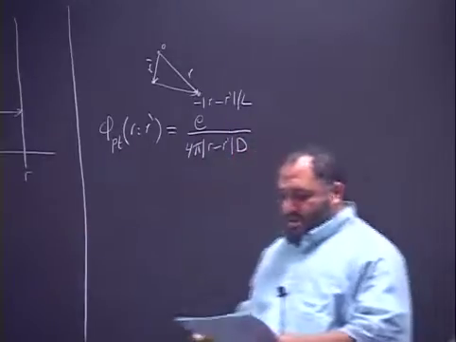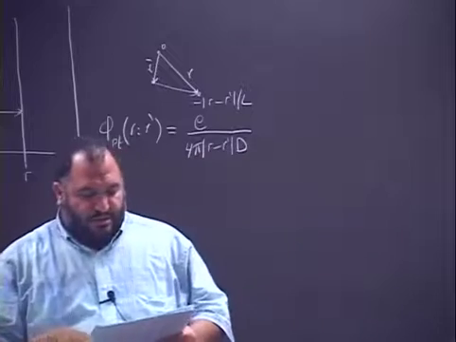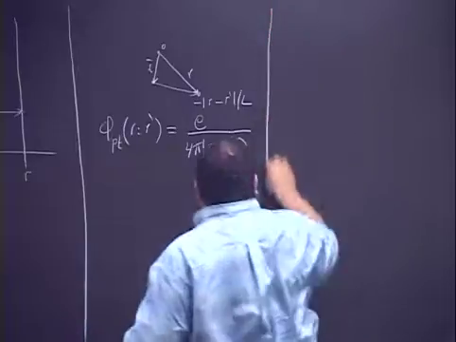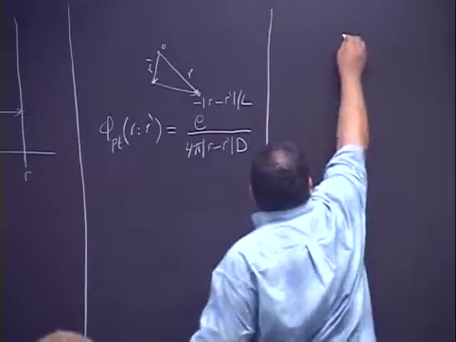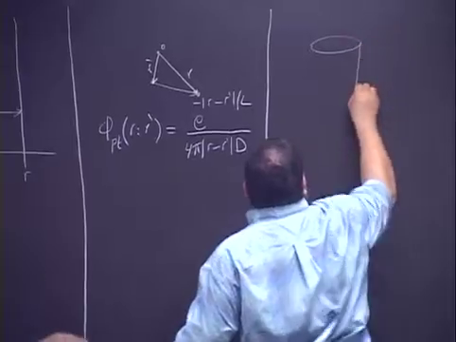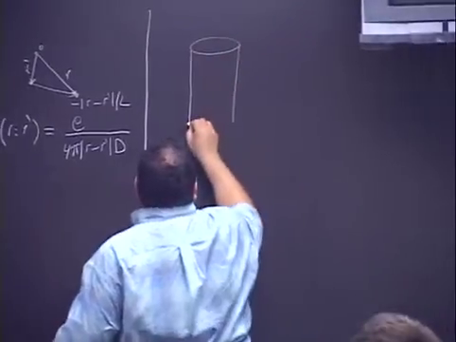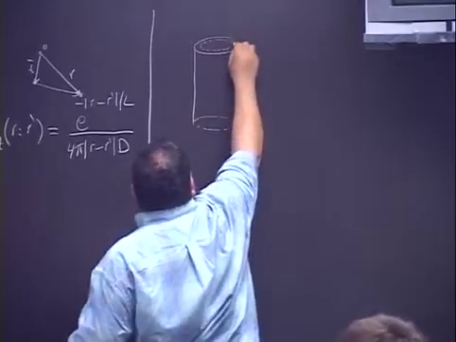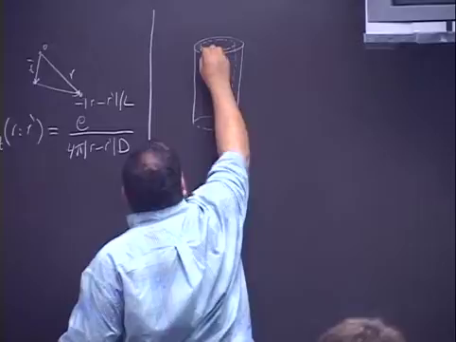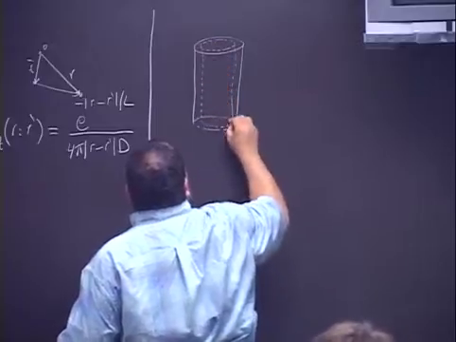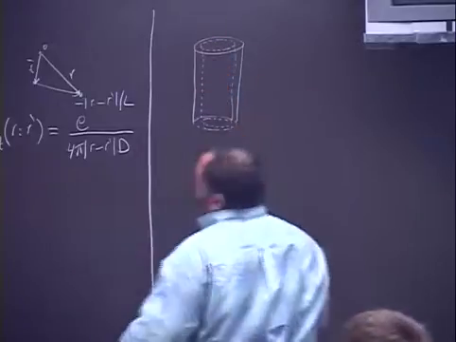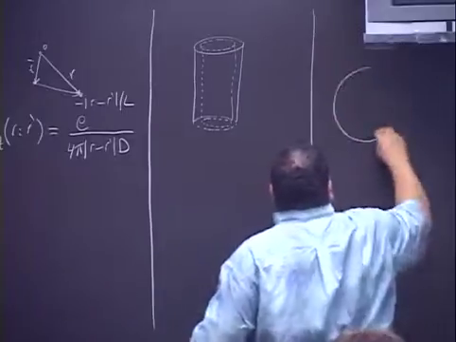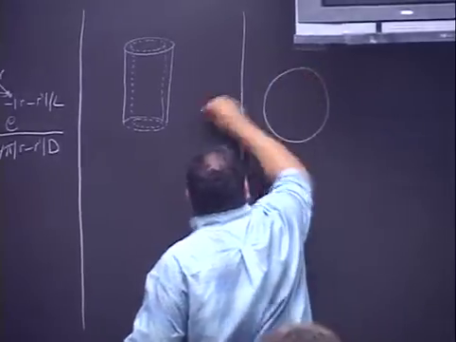So now, if we have a spherical shell source, it will go to infinity. So this is a spherical shell, and the other one is a cylindrical shell, sorry.